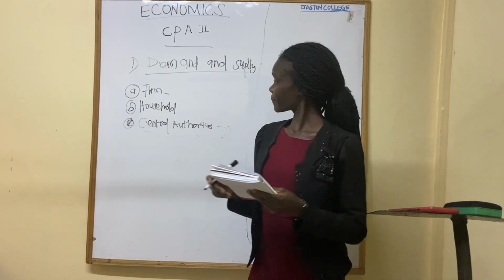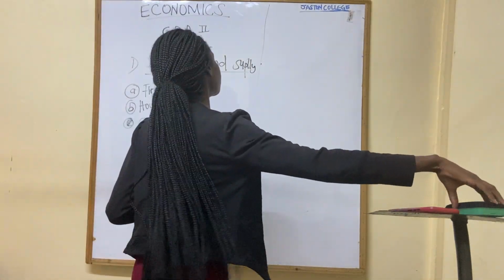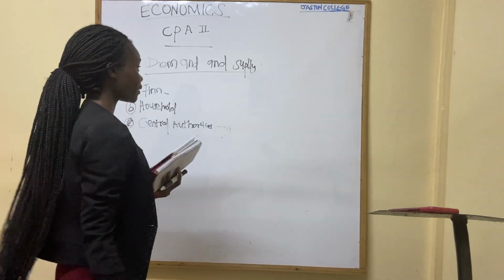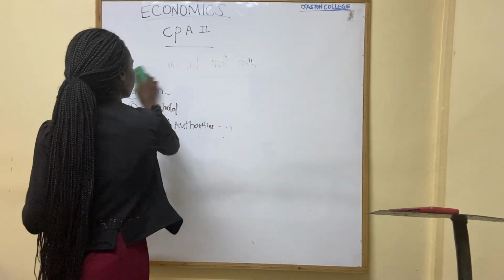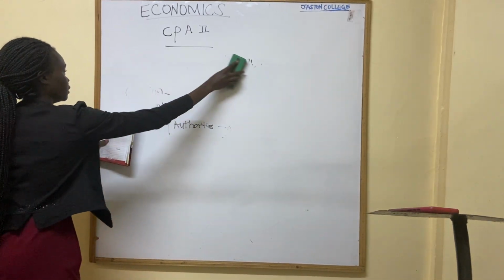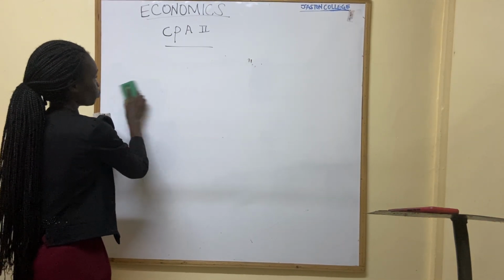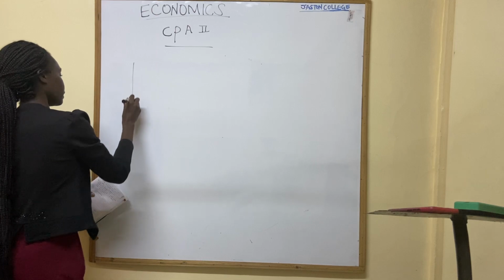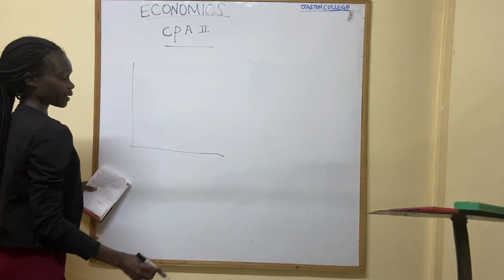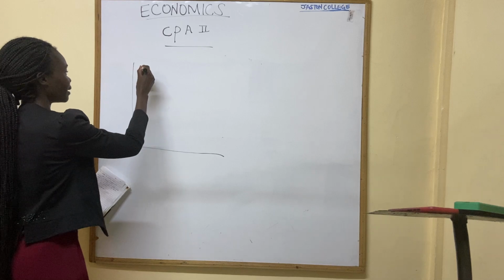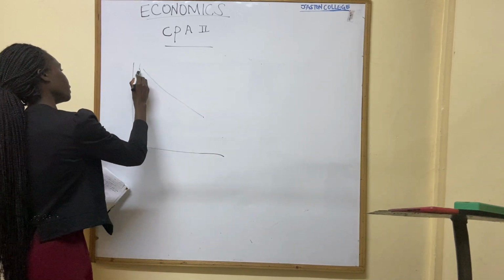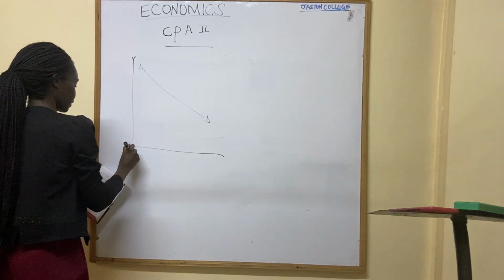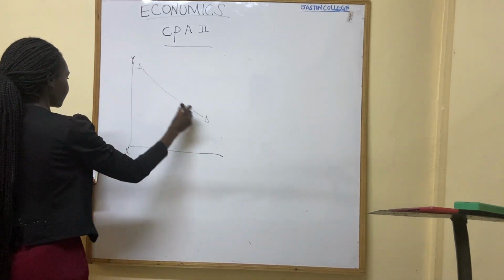So first we are going to draw a demand curve. So a demand curve is this way. A demand curve slopes from right to left.